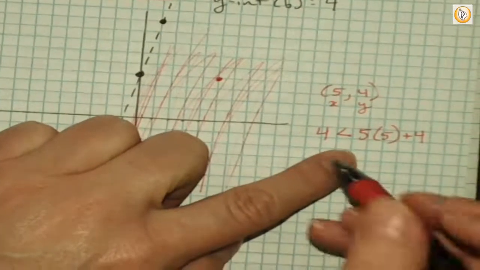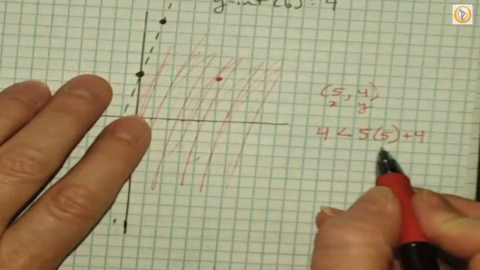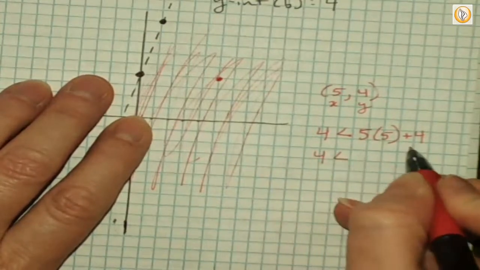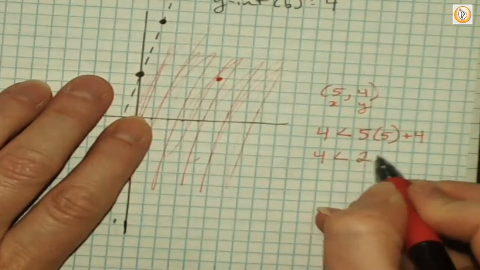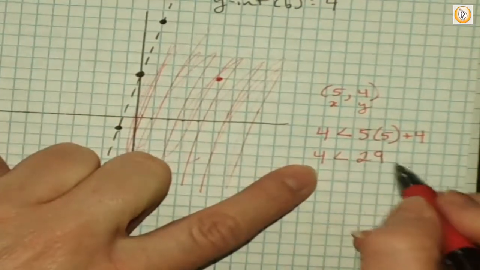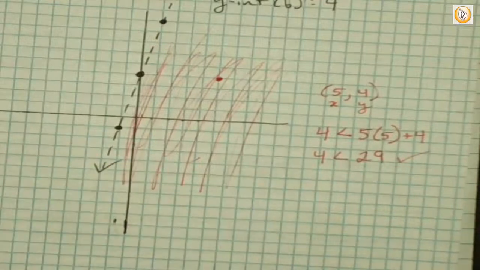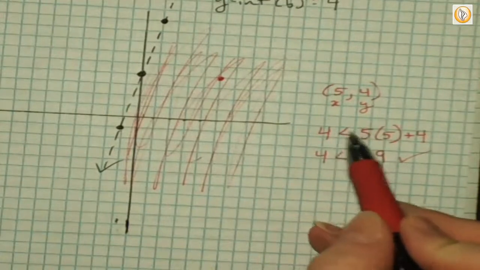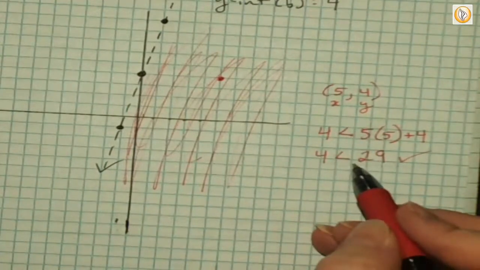All right, so 5 times 5 is what? 25. And 25 plus 4 is? 29. Is 29 greater than 4? Yes. It works. That's what this means. Because it's an inequality, if this was an equal sign, this would absolutely not work.